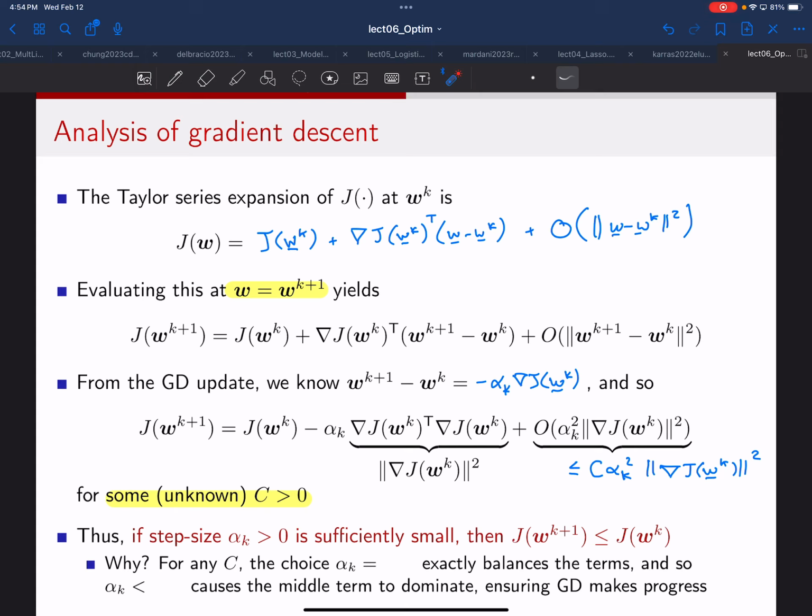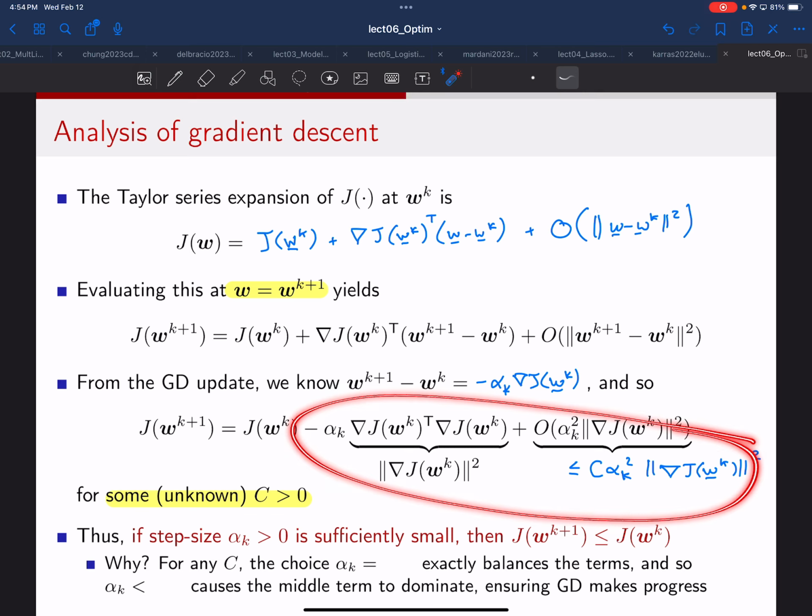When we look at the two terms here, one of them is negative, but the other one could be positive. It's upper bounded by something that could be positive. So this term is helpful, helping to decrease our cost. This is harmful; it may be increasing our cost. We need those two things together to be negative.